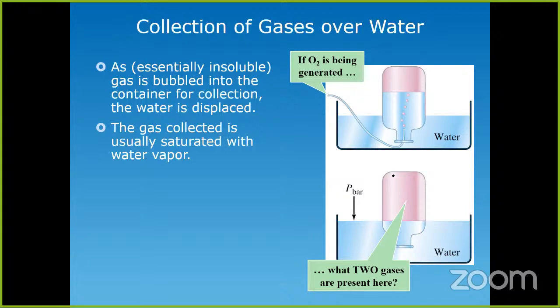So basically, the way this particular apparatus is set up is that we have a trough with water in it, and then we invert in that trough a jar, which is also filled with water initially, right? And then we have a tube that is connected to the reaction vessel where the oxygen or the other gas, whatever gas is being produced, is generated.